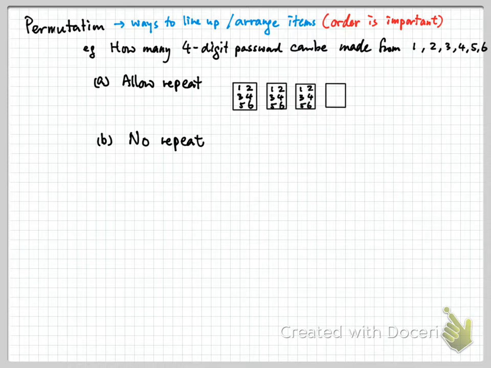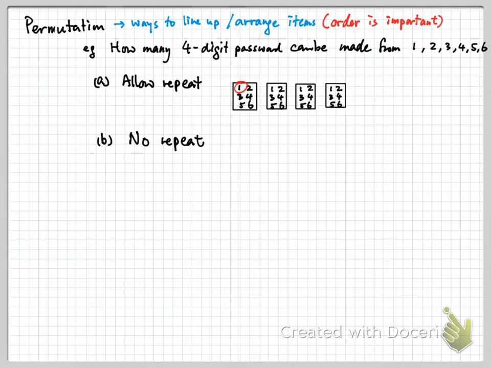What you chose in the first one has no effect on the second one. Say you choose 1 in the first digit. Can you choose 1 in the second? Of course you can. You can also choose 2, 3, 4, 5, or 6. What you chose in the first digit has no effect on the second digit.